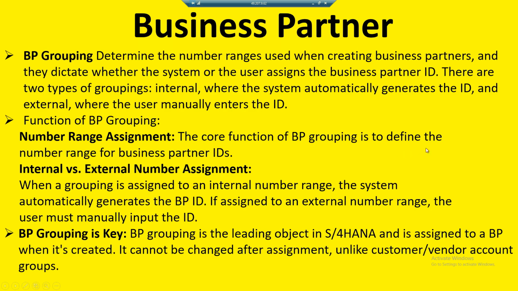The core function of BP grouping is to define the number range for business partner IDs. Internal versus external number assignment: BP grouping decides whether it is internal or external assignment. BP grouping is a leading object in S/4HANA and is assigned to a BP when it is created. It cannot be changed after assignment, unlike the customer vendor account groups.